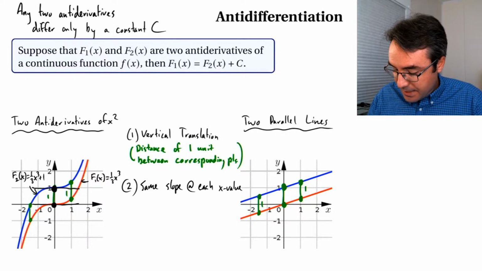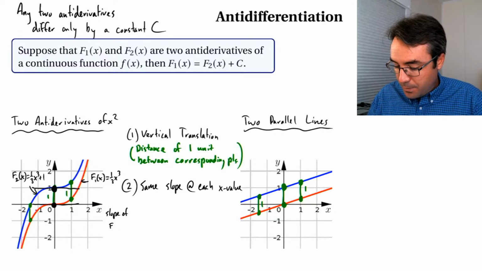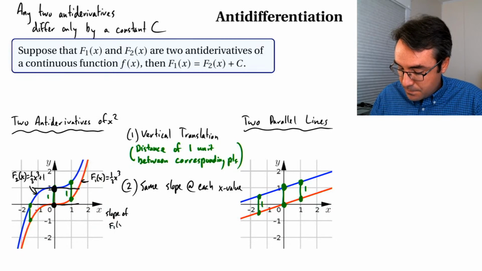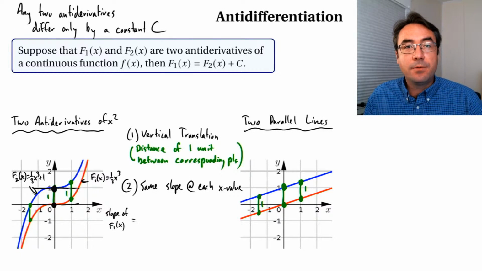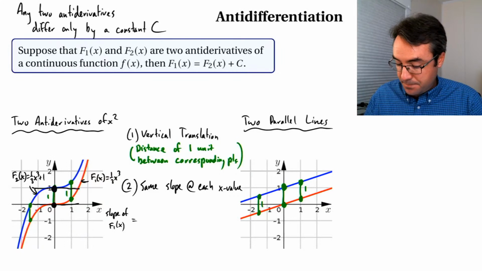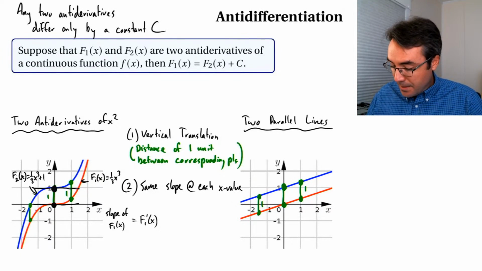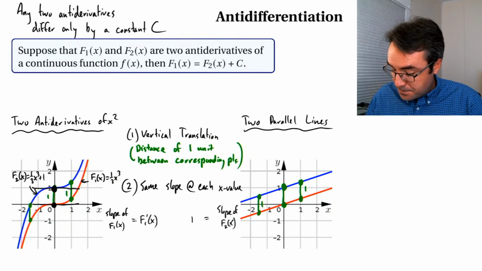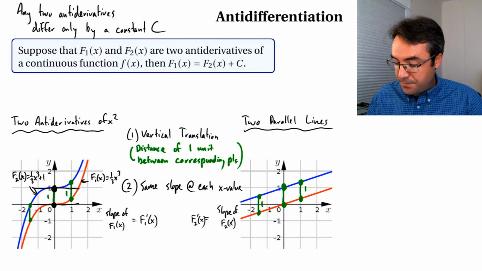And really, why does that happen? Well, if we were to consider the slope of f1, what is the slope of f1? Well, that's just f1 prime, just the derivative. And if we were to consider the slope of f2, the other one, well, what's the slope of f2? That's just f2 prime, just the derivative.